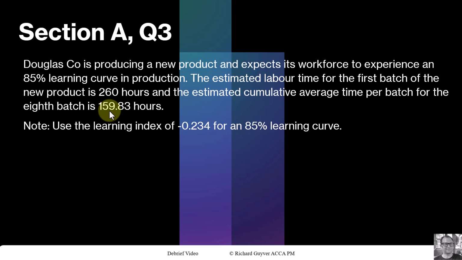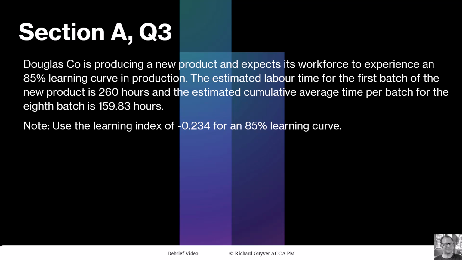Because of the learning curve, because they get faster and faster, the more batches they do, the smaller this number should get, because the 9th batch should take less time than the 8th batch, and the 10th batch should take less time than the 9th batch. And what we can infer from that is when we do our calculation to find how long it takes for the 8th batch, just the 8th batch, it has to be less than this.